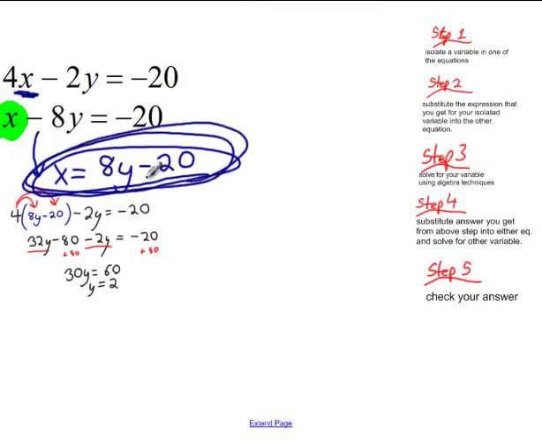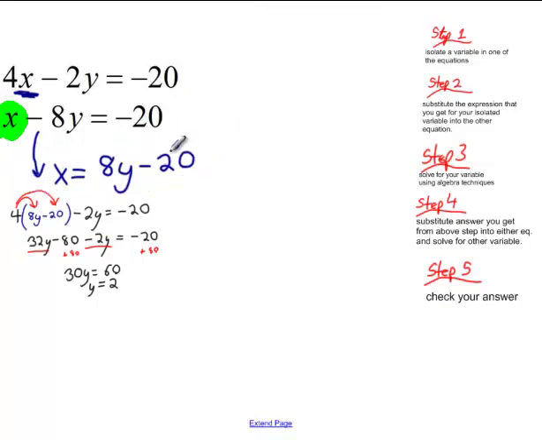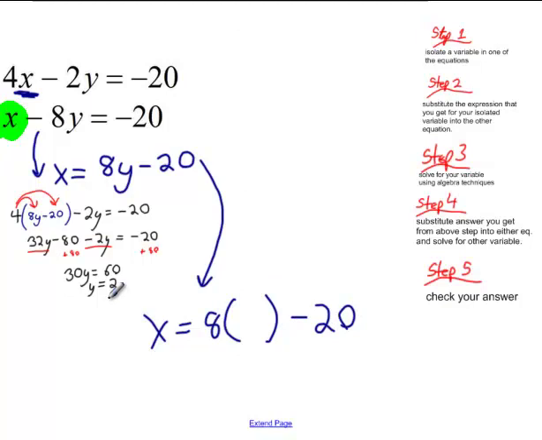I'm going to use this equation, and you'll see why when I come down here and plug in x is equal to 8, put a parenthesis for my y, minus 20, and I know that y is equal to 2, so let's plug that in right here and solve.